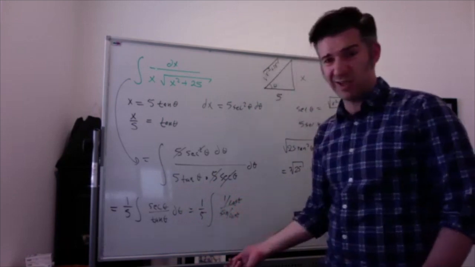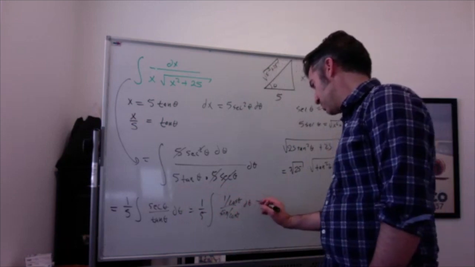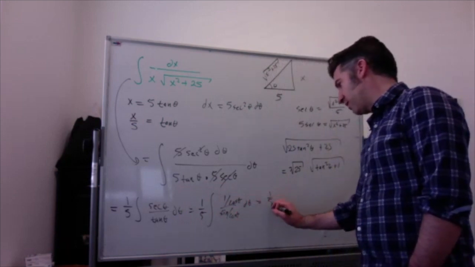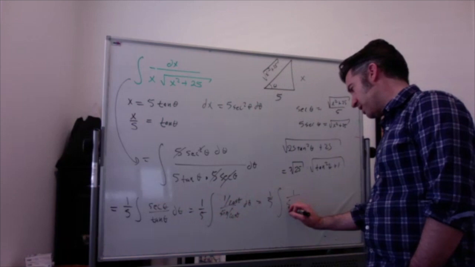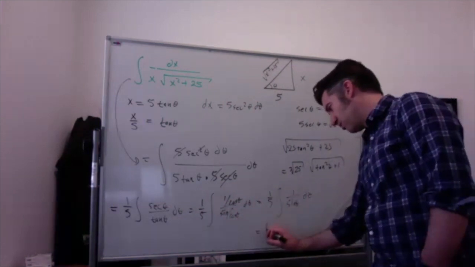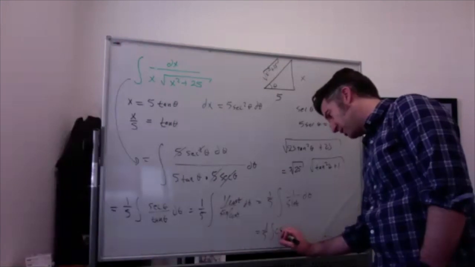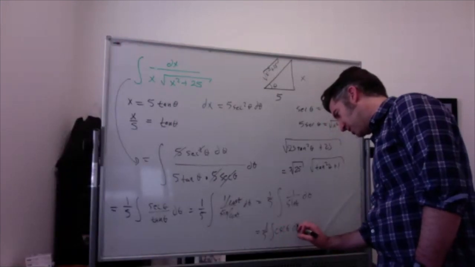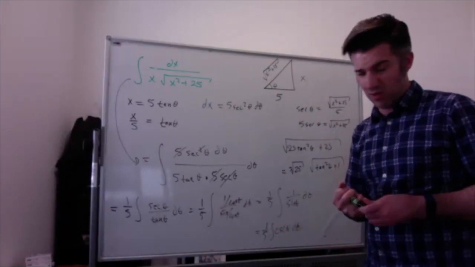And the cosines cancel. So this is really 1/5 the integral of 1 over sine, which is really 1/5 the integral of cosecant theta. And cosecant is an integral we're supposed to know.